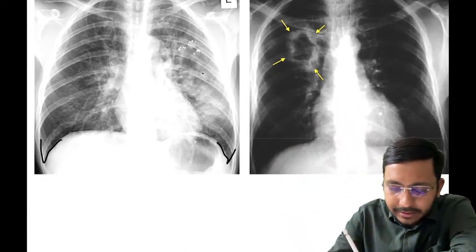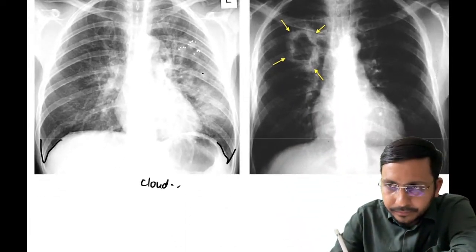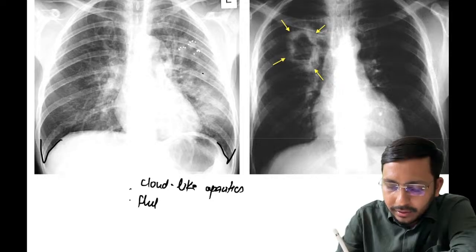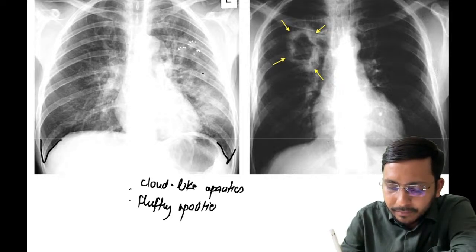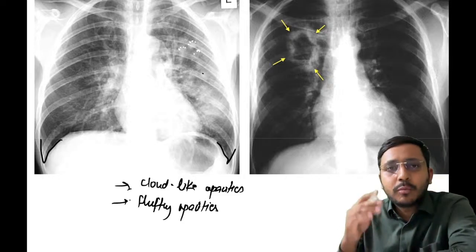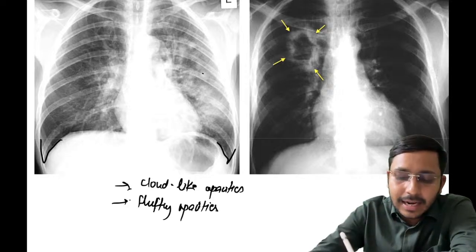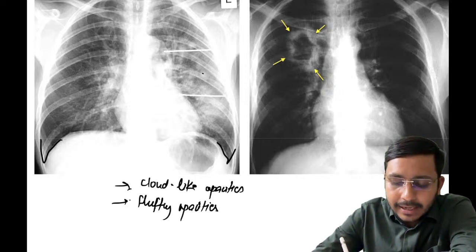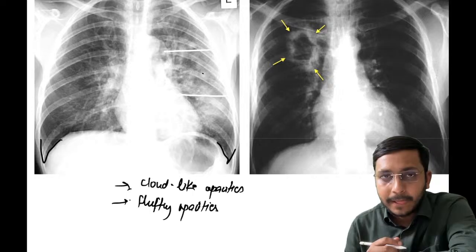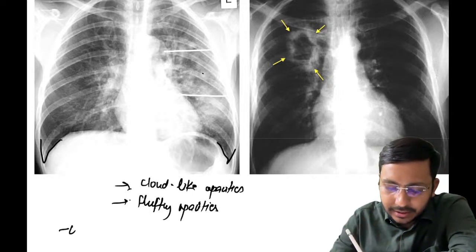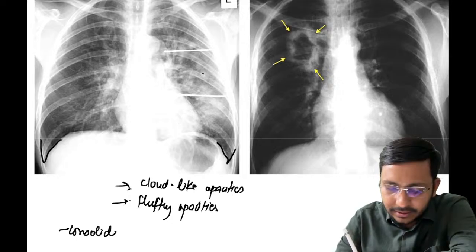So we call them either cloud-like opacities or fluffy opacities, right? So multiple variable size fluffy opacities are seen in the left middle zone and left lower zone. So what are these? These are nothing but consolidation. This is consolidation.